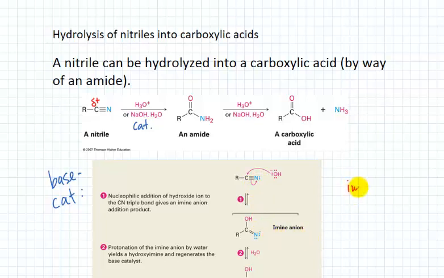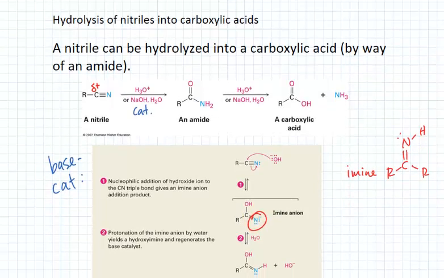An imine itself is R, well, let's draw it like this, R C double bond N with an H, like that. That's an imine. An imine anion is an N minus. But since we have water present, the base is only the catalyst here, we'll have plenty of water present.